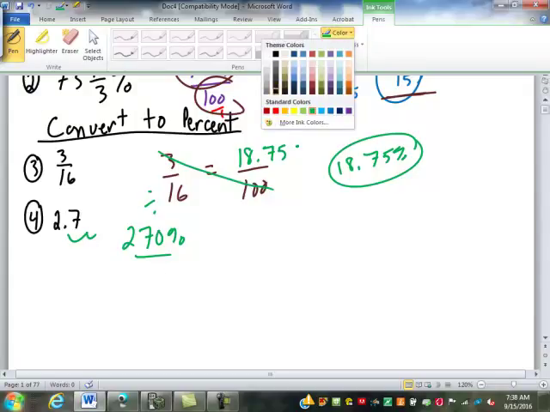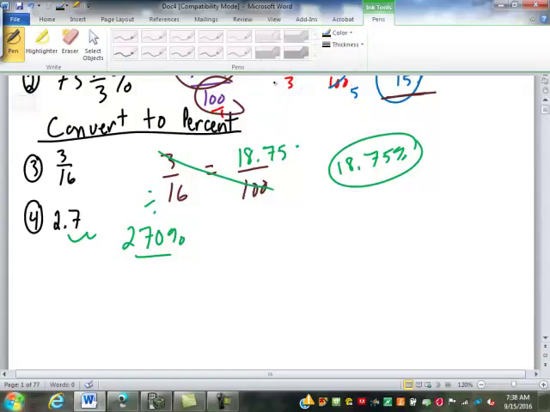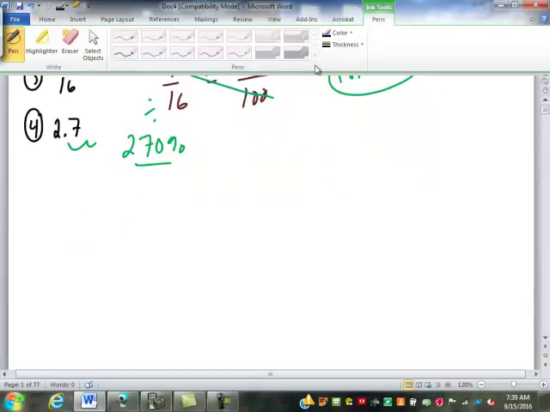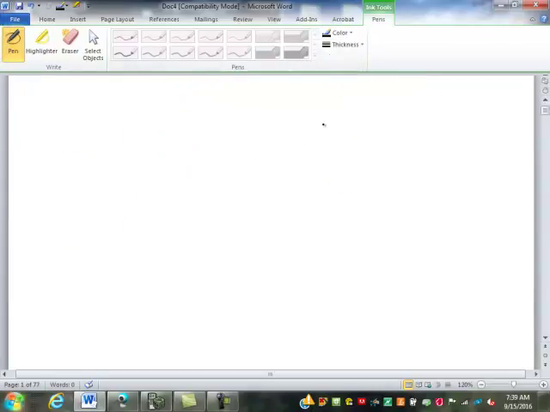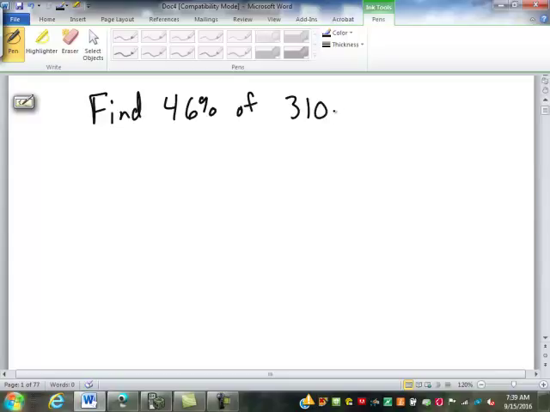That all look familiar? And then, of course, we did discuss last class about those benchmarks. So I just want you to try this without doing any calculations, just doing benchmarks. I want you to try to find 46% of 310.